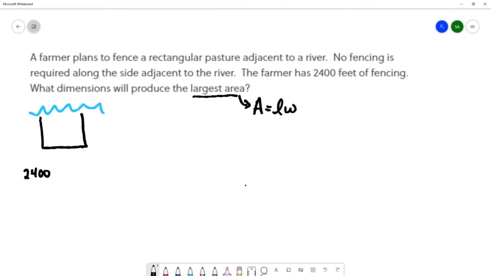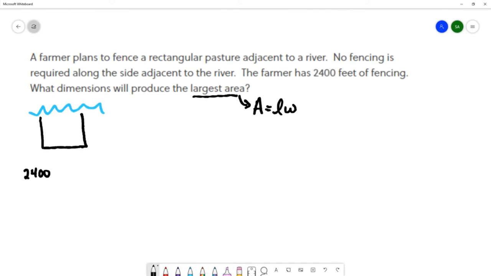But in our calculation, in the calculus, we need to have only one variable in our area equation. And so we need to use some of the other information in the problem, like the 2,400 feet of fencing, to reduce the number of variables in the equation.